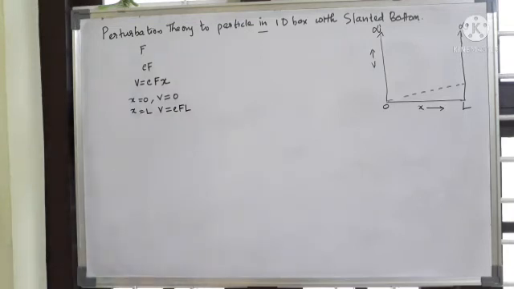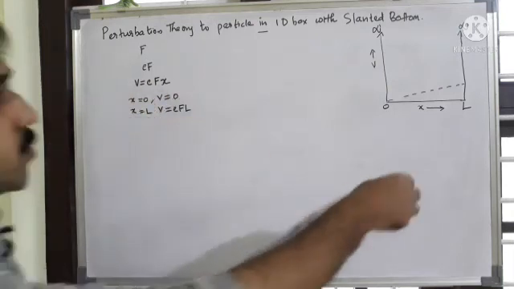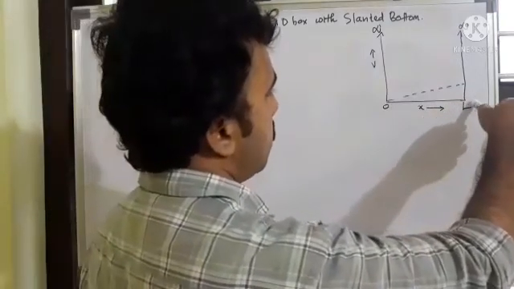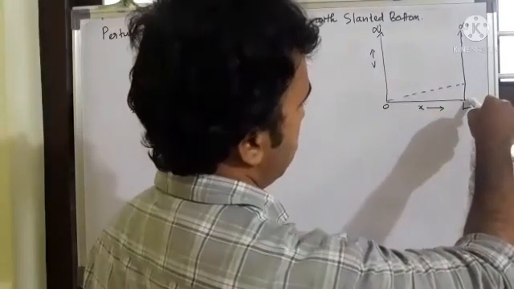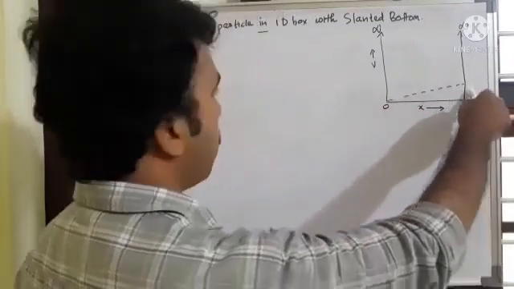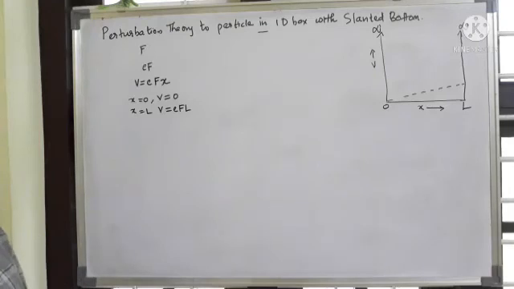At X equal to 0, the potential energy is 0. When we go to the other end of the box, that is at L, the potential energy will become EFL.